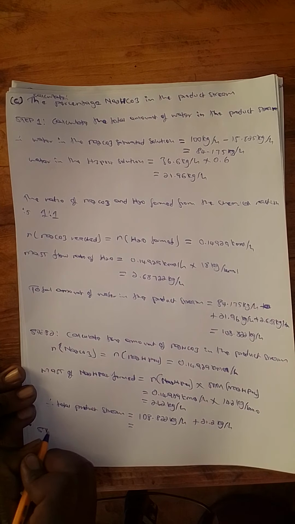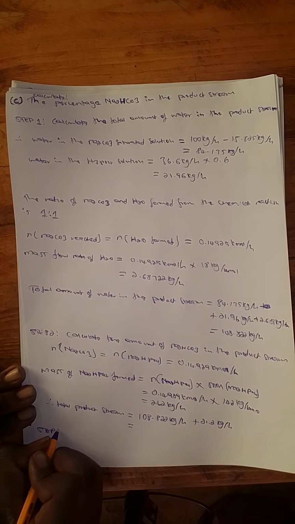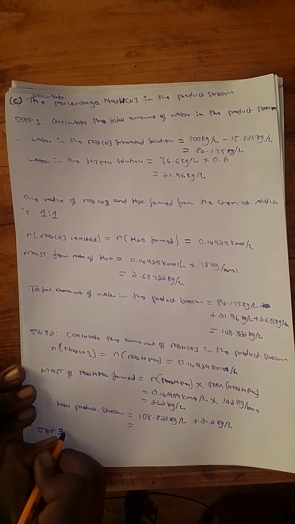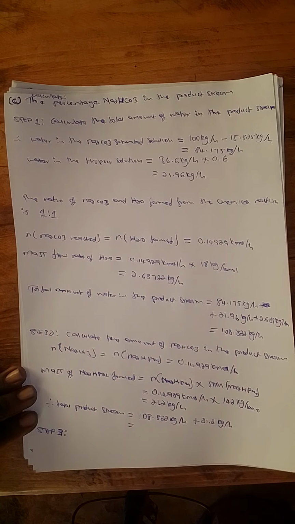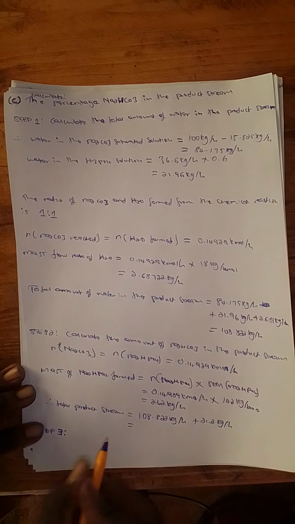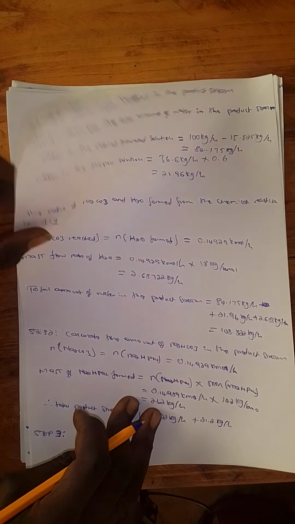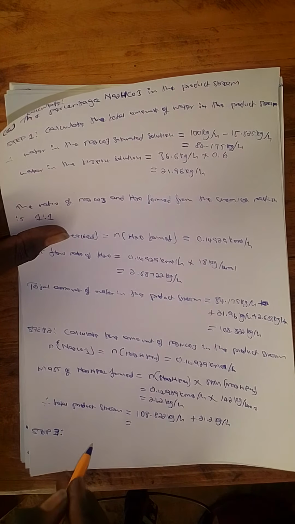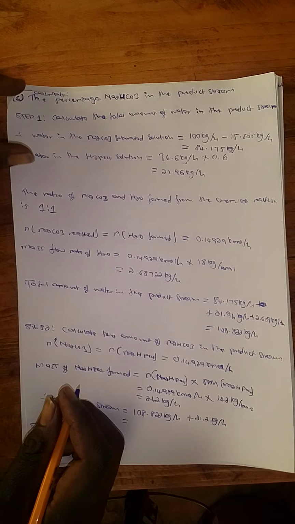All right, let's go to our step 3. In our step 3, we then answer the question. Let me see if I don't have a clean sheet. Okay, let me just use a cleaner sheet here. So step 3, calculate the percentage.